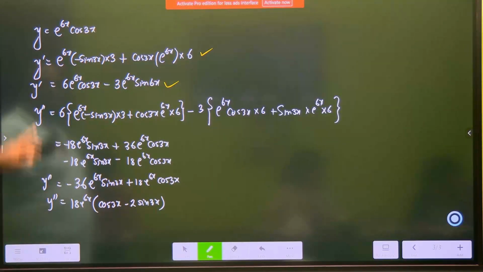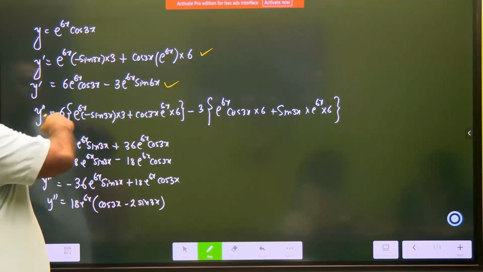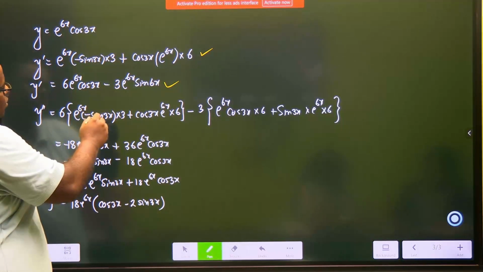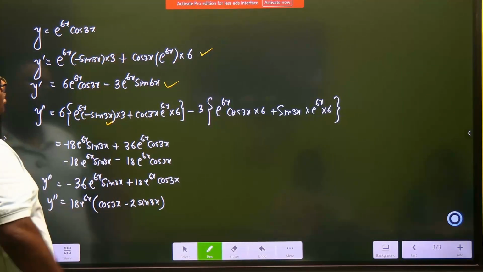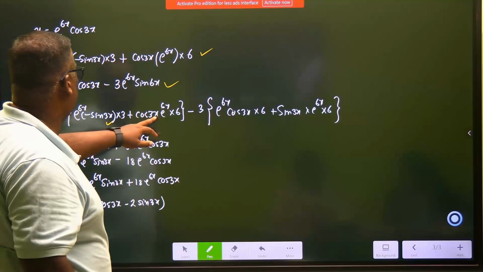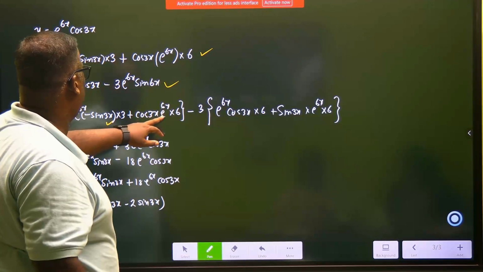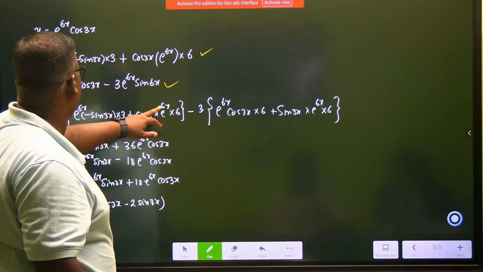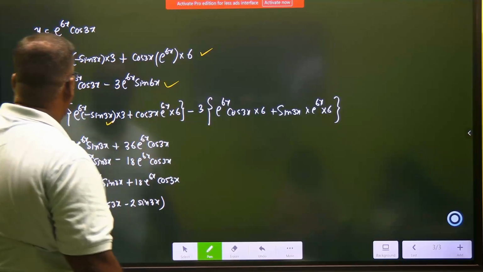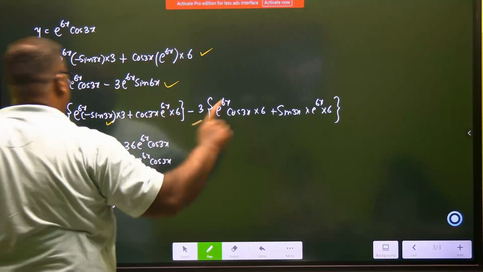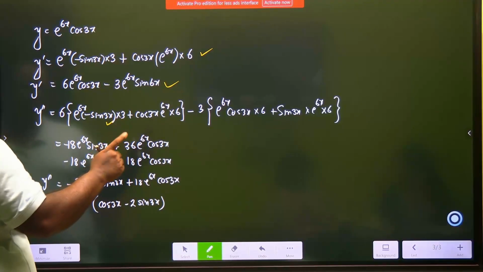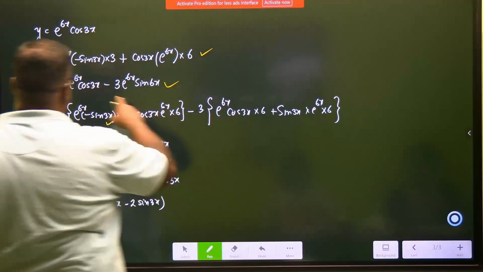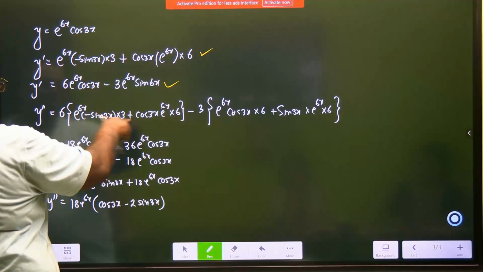Right? Let's do the differentiation of this. 6 common. This into differentiation is minus sine 3x into 3. This part is correct. Plus cos 3x e to the power 6x into 6. Yeah, we went wrong somewhere here. Yeah, our calculation is wrong. That's all. Okay, so this is 6. Fine.